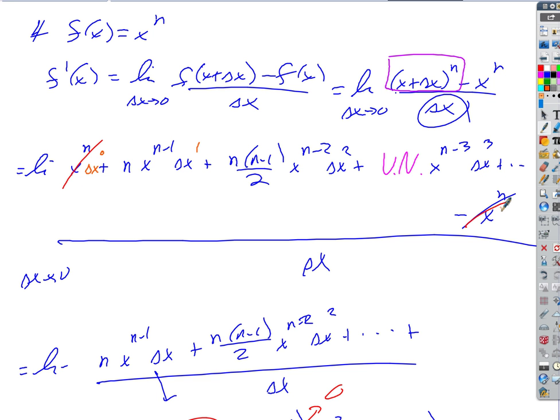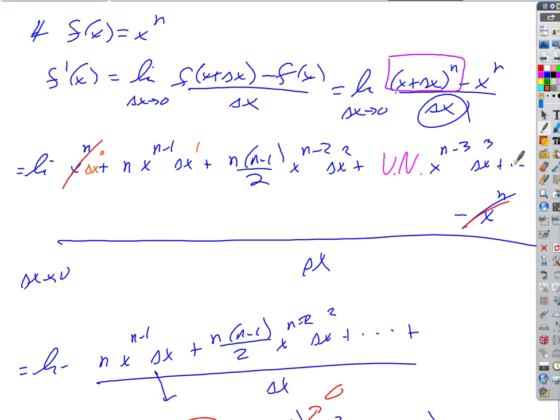And so what we saw then is we can cancel the x to the n's. All of the remaining terms have at least one delta x in them, right? Here we have a delta x squared, delta x cubed, all the way on out to the final term, which would be delta x to the n.